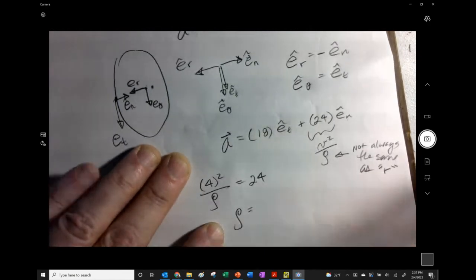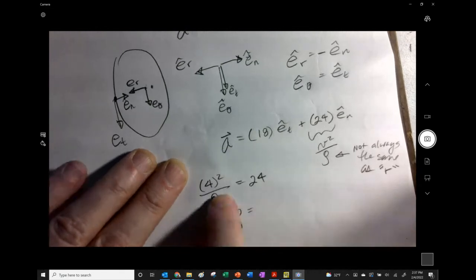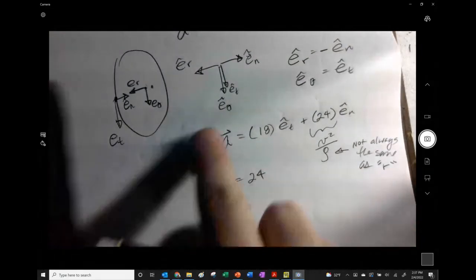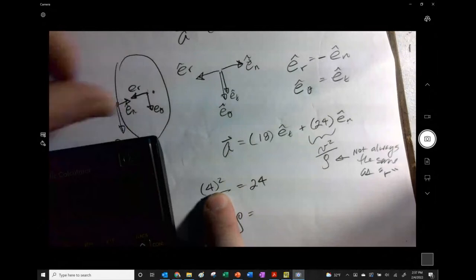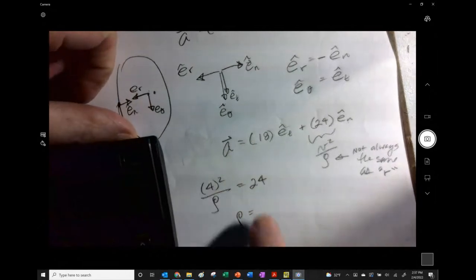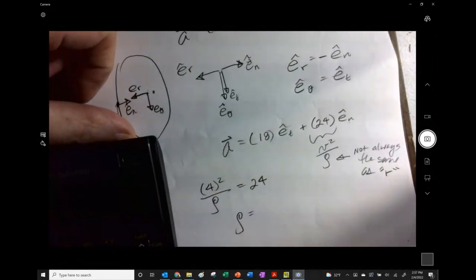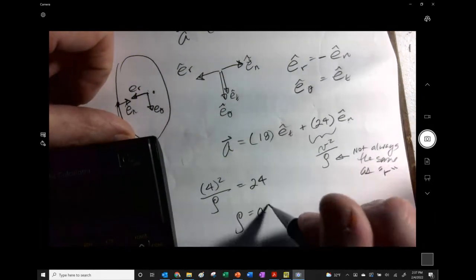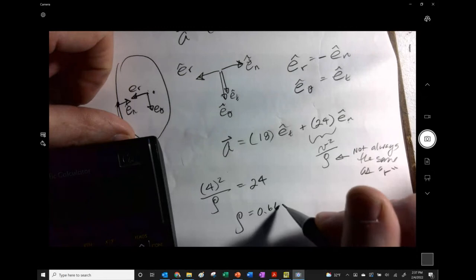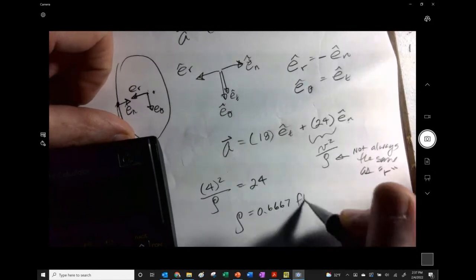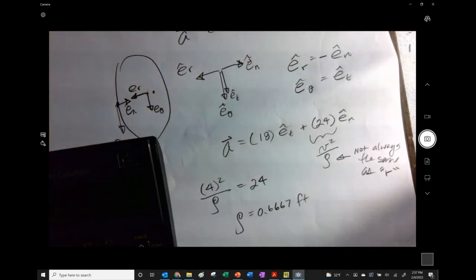So the radius of curvature would be 16 divided by 24. So 0.6667. That's interesting. That's not expected. I thought it would be bigger. No, I guess I could see.